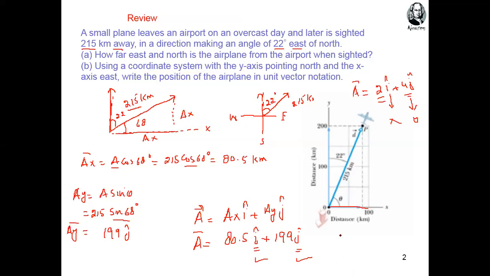Oh, no, actually we have the magnitude formula, under the root of 80.5 whole square plus 199 whole square. So square this one, take under the root, this will give you 215, because it is for magnitude. Correct? Okay, Professor, now I got it. Yes. Thank you. Any other question?